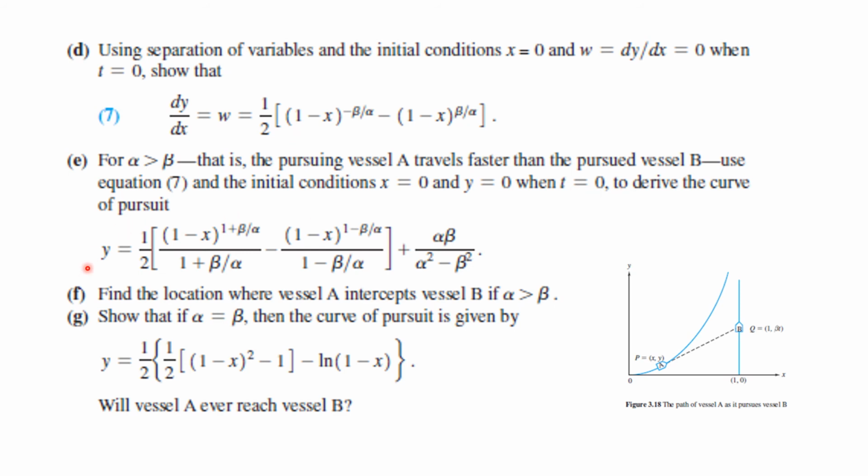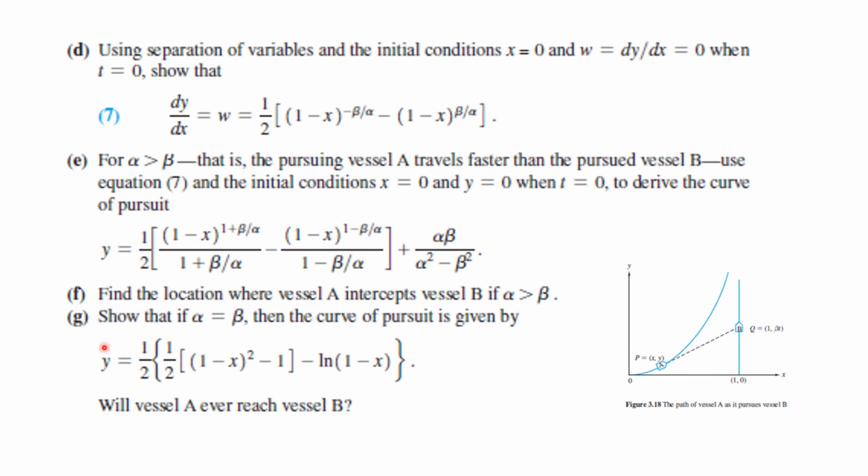So this is actually a solution to the problem. So show this is true by solving this initial value problem up here. Then part F, you're to find where vessel A intercepts vessel B. And we're assuming again that alpha is greater than beta.